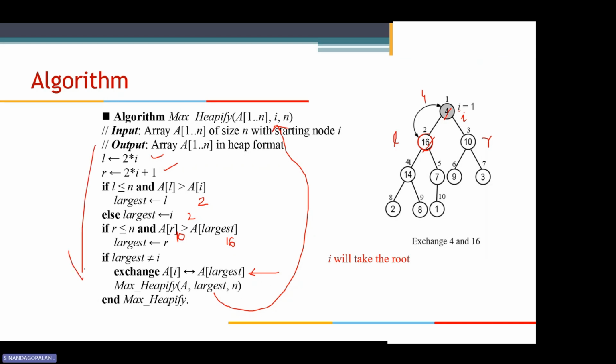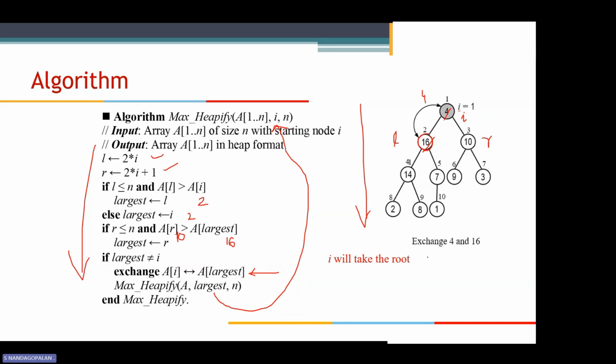Again, do the same thing, get its left, right, whichever is larger, pick, do the same thing. And once you reach here, again come down until you can see none of this condition becomes true. That means you don't call the recursive one. That means you have come down to the bottommost and you have essentially done one iteration of swapping and making it heap.